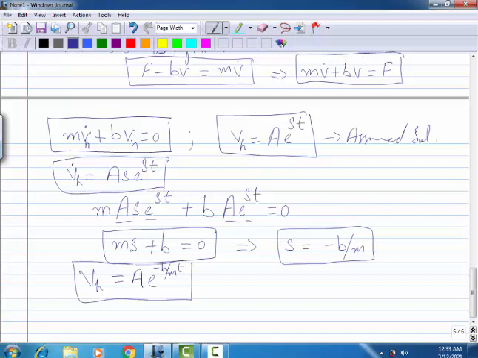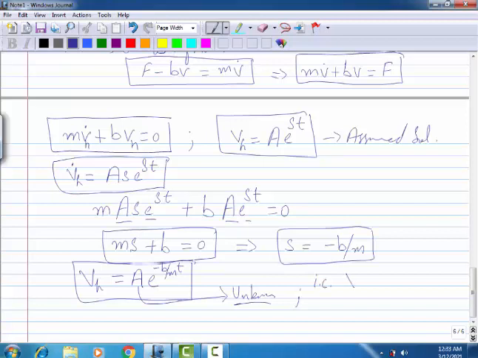Now one unknown is still left. We need to assume an initial condition. Because this is a first order differential equation, we need only one single initial condition to solve this problem.